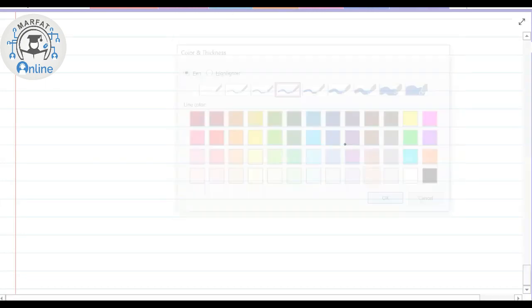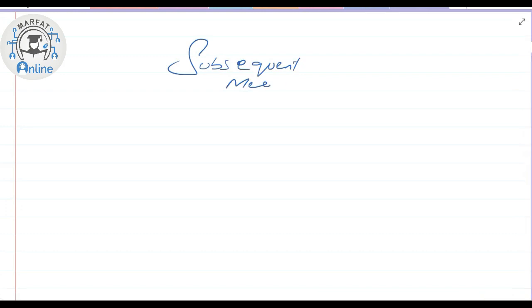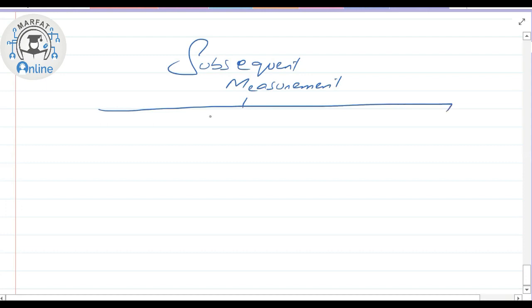Okay, then you have subsequent measurement. Like the initial measurement was on cost, now you have subsequent measurement, or you can say year-end measurement. Initially, the property, plant, and equipment is measured at cost.